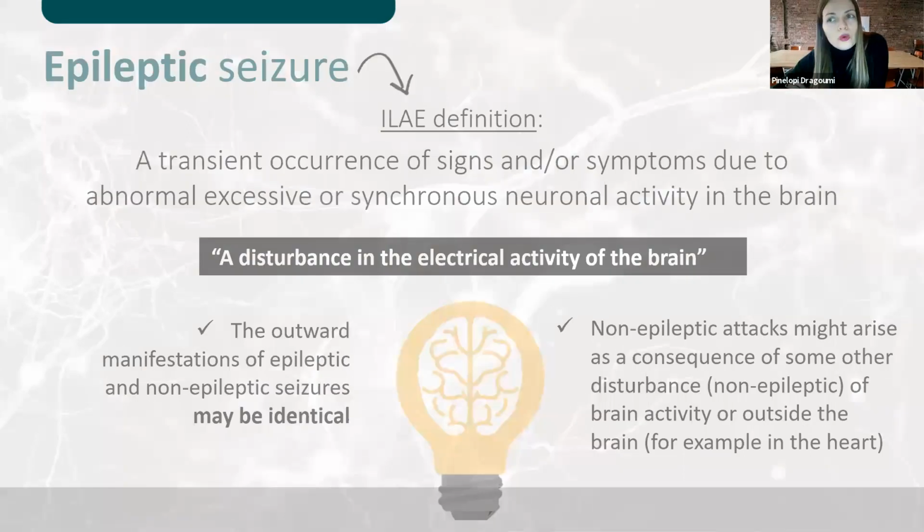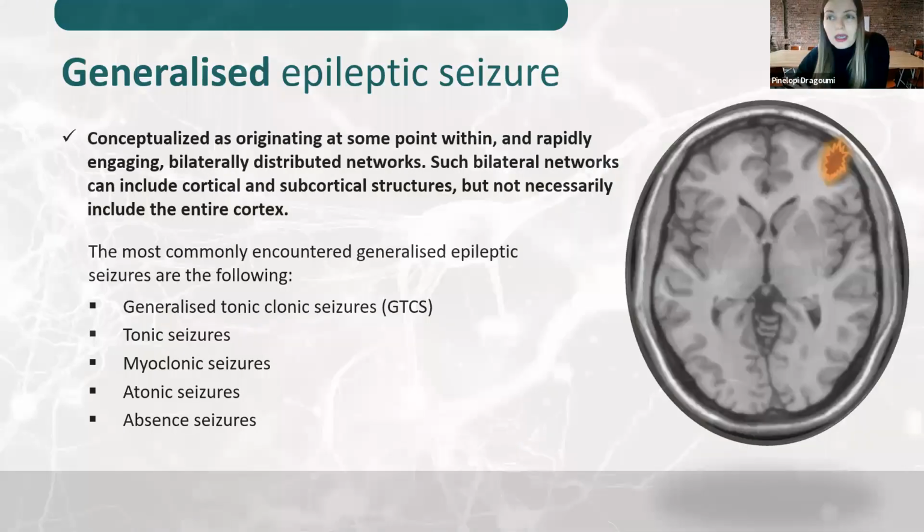So we know that the basic division is between generalized epileptic seizures and focal epileptic seizures. The terms have been reconceptualized. So just to remind quickly that we don't expect the whole brain, every part of the brain to be affected to call a seizure a generalized epileptic seizure, but we expect that networks, hemispheres, to be affected.